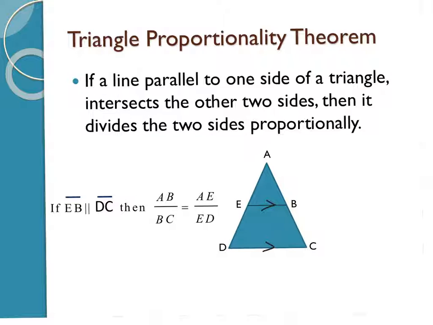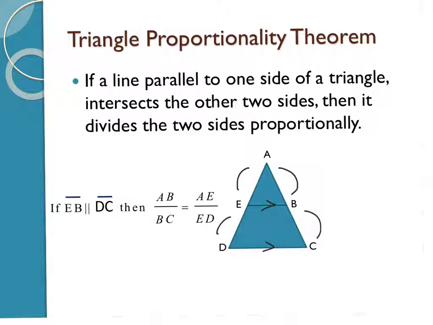So for example, in the proportion that was given, we could see that this top right piece over the bottom right piece is proportional to the left top over the left bottom.